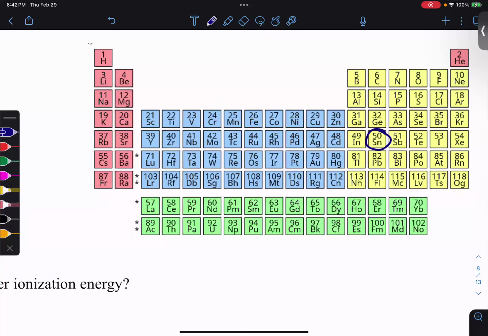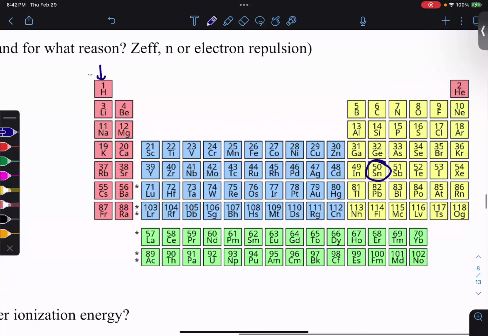For main group elements, all of these elements have a Z effective of +1 in their valence shell. These elements, +2 in their valence shell. Fluorine, since they're group 7, all of those elements have valence electrons that experience +7. So that means tin should have a Z effective of +4. So how the heck do you get that?